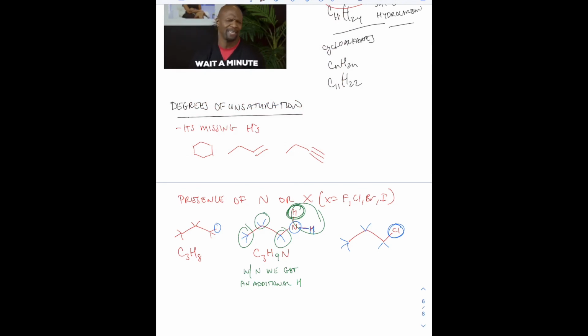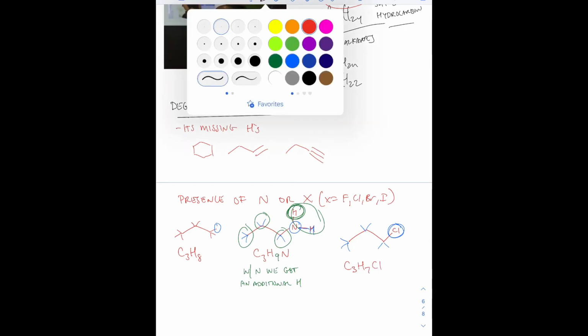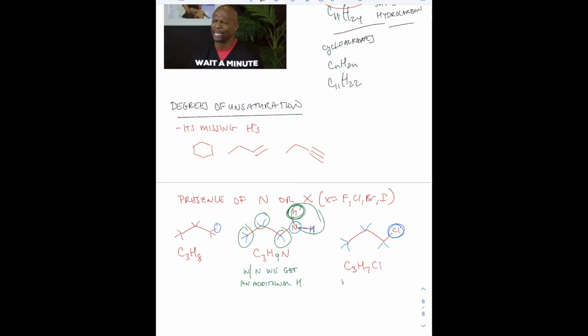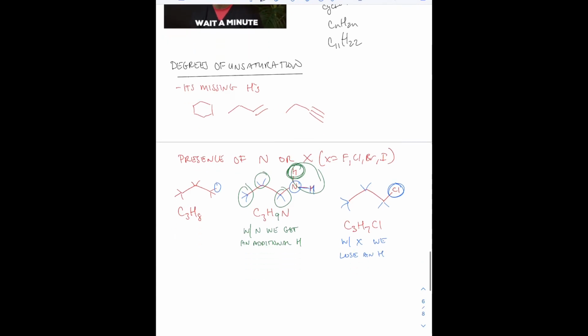It doesn't have any double bonds or anything, so it actually just took the place of it. And so the formula is C3H7Cl. So with an X atom, we lose an H.